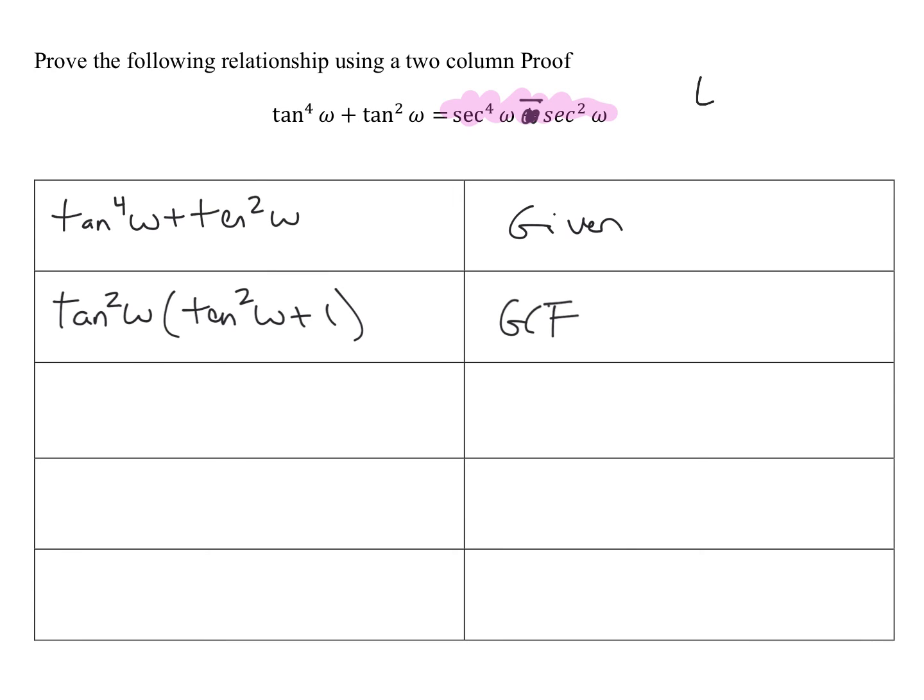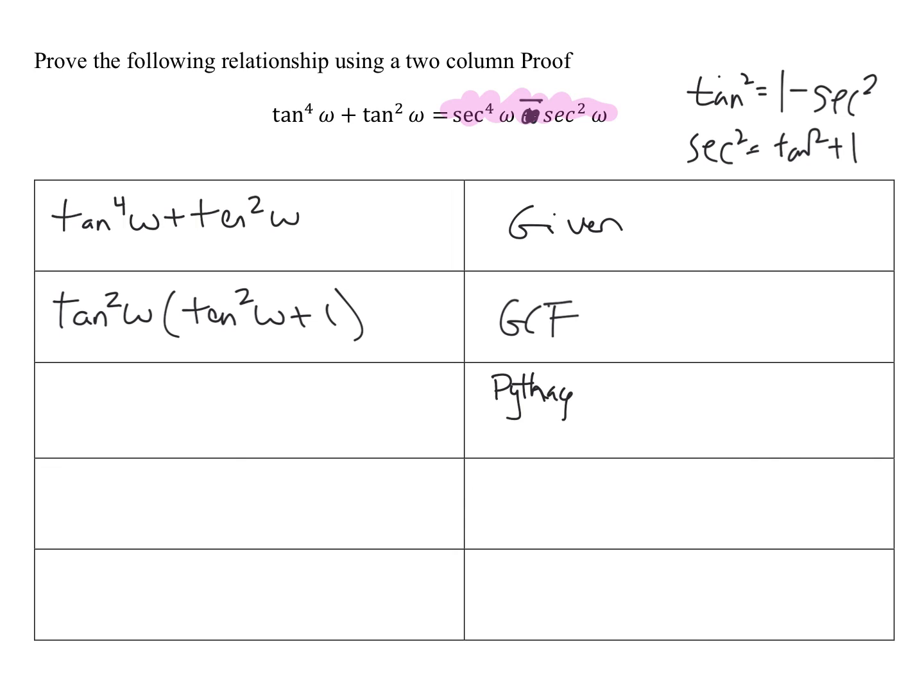And there really is. So we know that tan squared, this is one of our trig identities, or Pythagorean identities, is equal to secant squared minus 1, which then tells us that secant squared is equal to tangent squared plus 1. So I'm going to actually do a double tangent Pythagorean substitution.